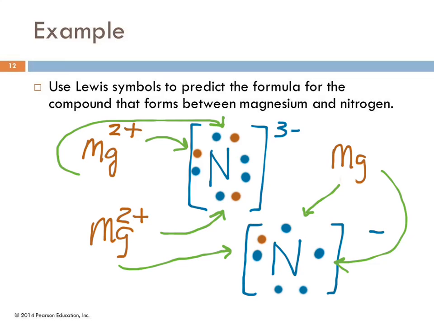And now it has a 2+ charge. And there are its electrons that we moved over to the nitrogen. And now the nitrogen has a 3- charge. And finally, we got them all to be happy at the same time.